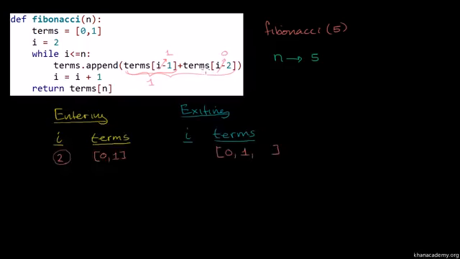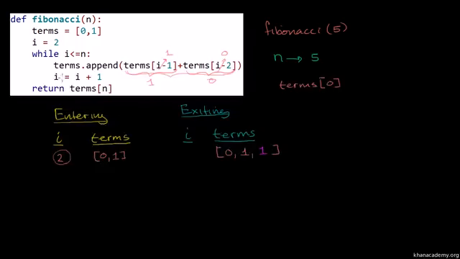And the 0th term in terms, if this is what terms looks like right now, is going to be 0. So this whole thing is going to be 0 as well. So it's 1 plus 0, which is 1. And that's what we're appending to terms. So we're going to append a 1 over here.